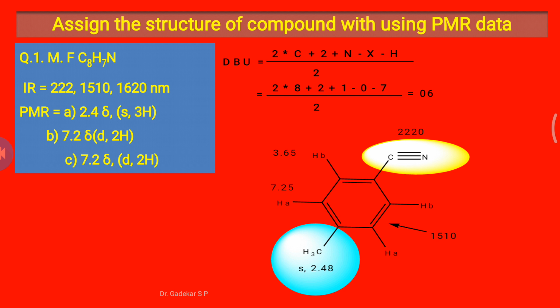The IR information suggests that 2220 centimeter inverse means the compound contains a C triple bond N, a nitrile group. The IR radiation absorbed at 2220 centimeter inverse means a nitrile group is present. The nitrile group contains 2 pi bonds and 1 sigma bond, so it accounts for 2 unsaturations. This suggests the 6 unsaturations are 4 double bonds in the benzene ring and 2 pi bonds in the nitrile group.